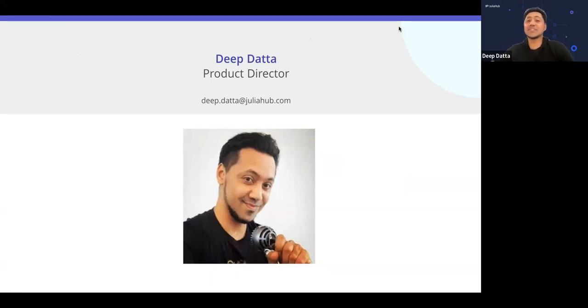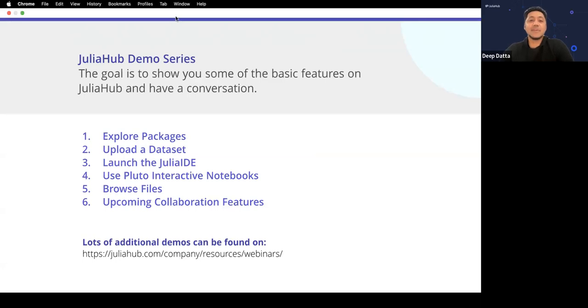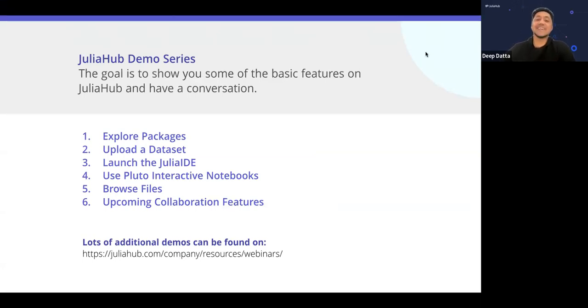What I'm going to be doing today is showing you JuliaHub. We're going to go through some very basic flows, features and pages. As I'm going through these, I will do my very best to check the chat. If you have questions or want to see something more in depth, please just mention that in the chat. I've got the chat window up with me right here.